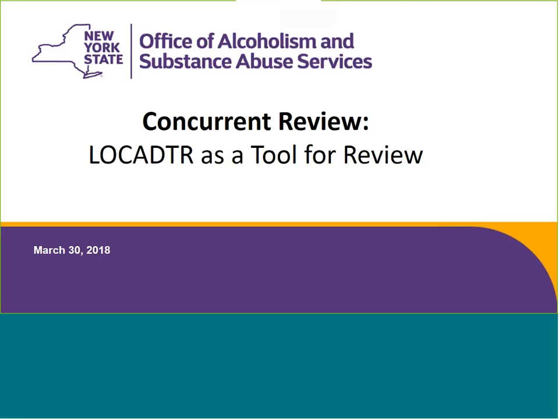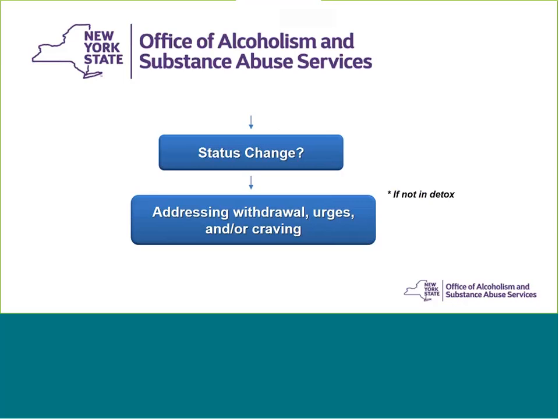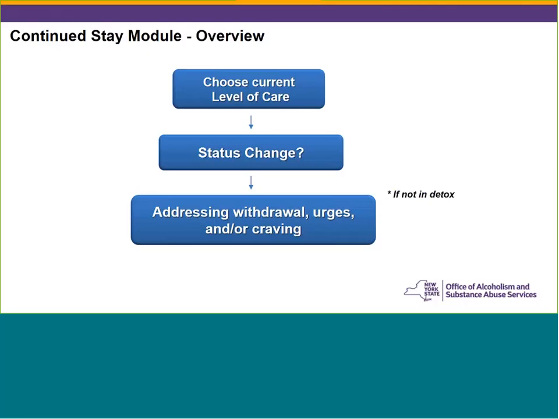Thanks, Pat. What we'd like to do first, before we go through a walkthrough of the tool, is talk about how the concurrent review module is structured and what you can expect as you move through the tool. The first thing you'll find when you select the concurrent review module is to answer what level of care the person is currently residing in.